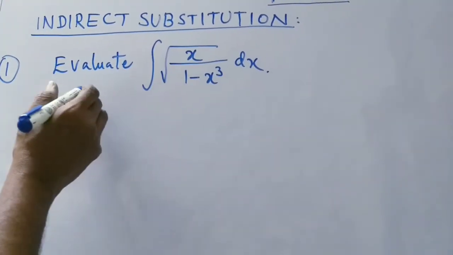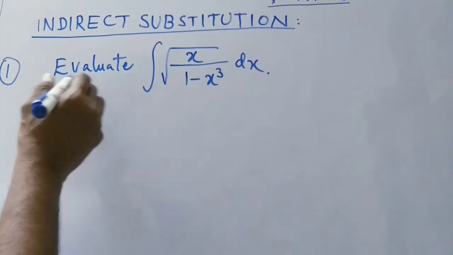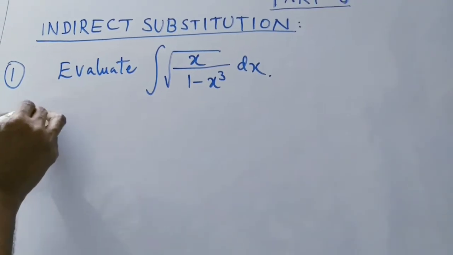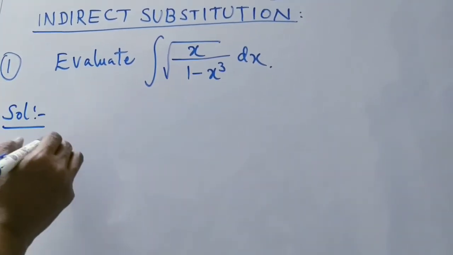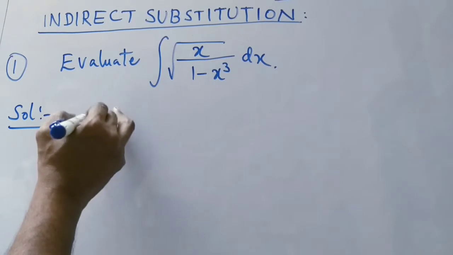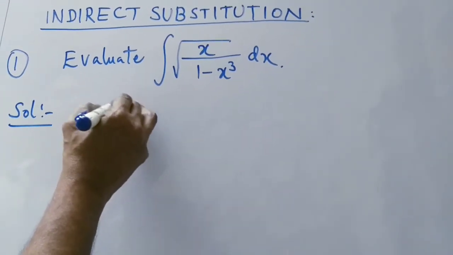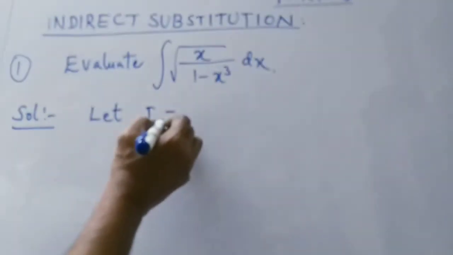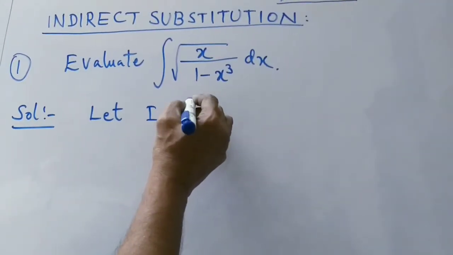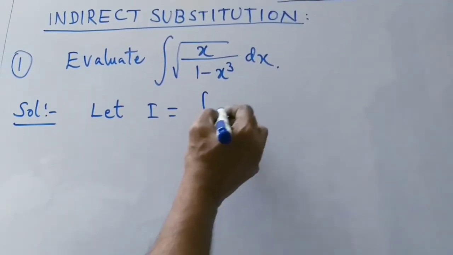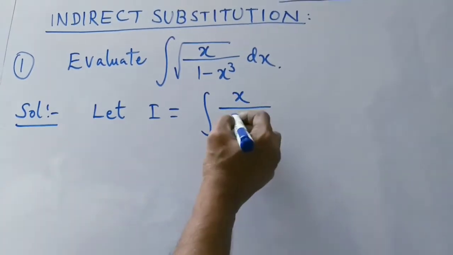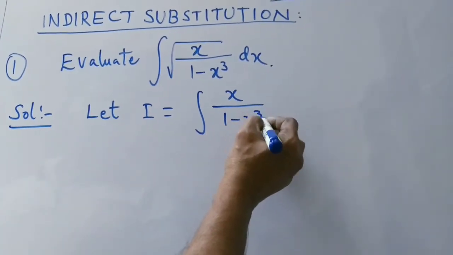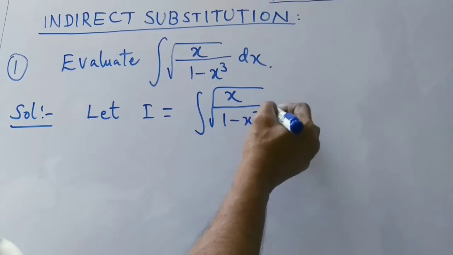Now we have to do this problem. The solution is as follows. Let I be equal to the integral of square root of x by 1 minus x cube dx.